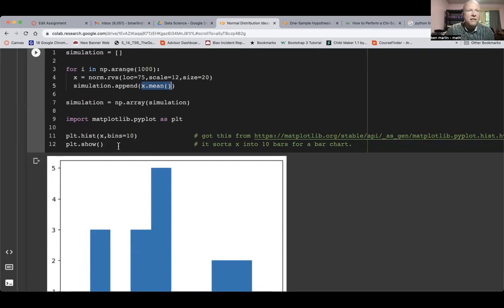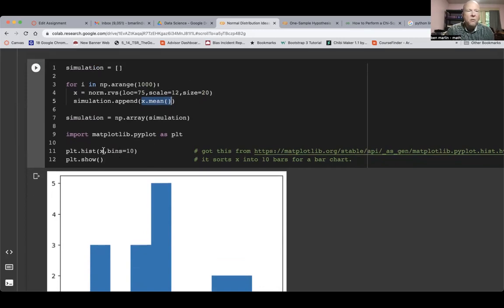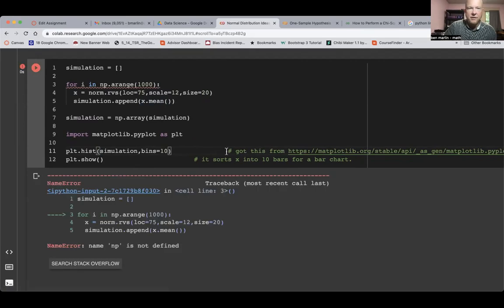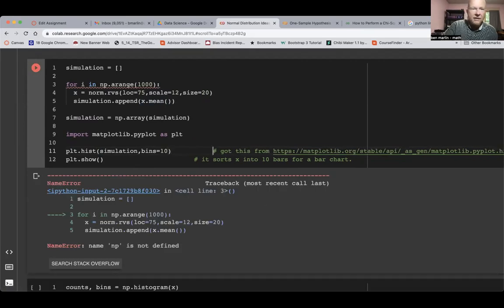I just spotted a mistake that I made. I think I wanted to plot the histogram not of X, but of the simulation. Let's see whether that changes what I was getting. And it says no, it can't possibly do this because I didn't import something.